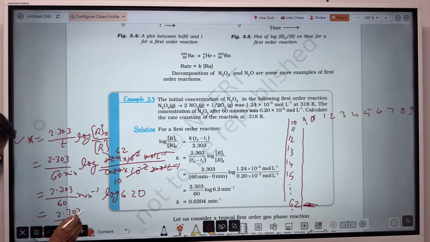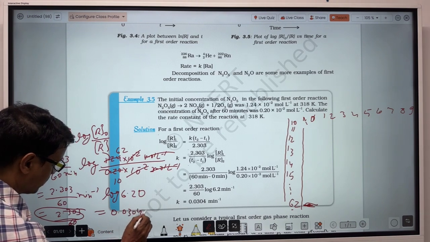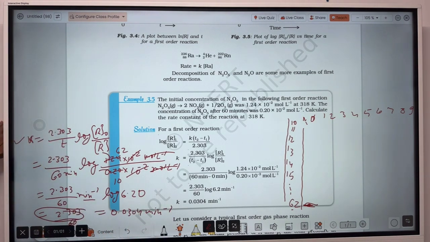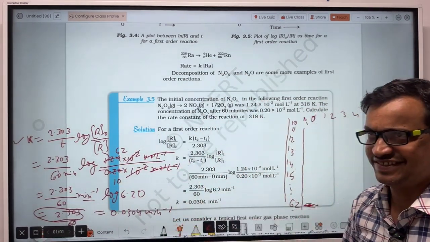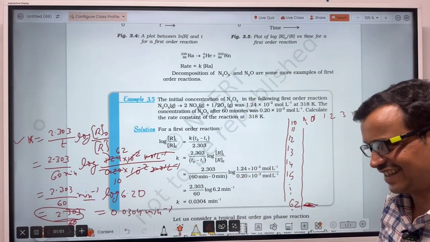After calculating this you will get the value 0.0304 per minute, minute inverse. So here the rate constant has the unit of time inverse. That means whatever we have done is correct.